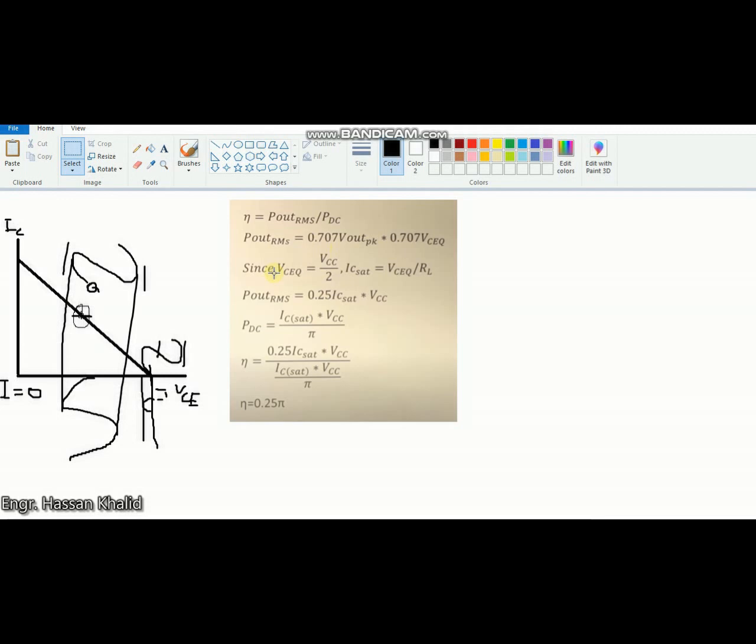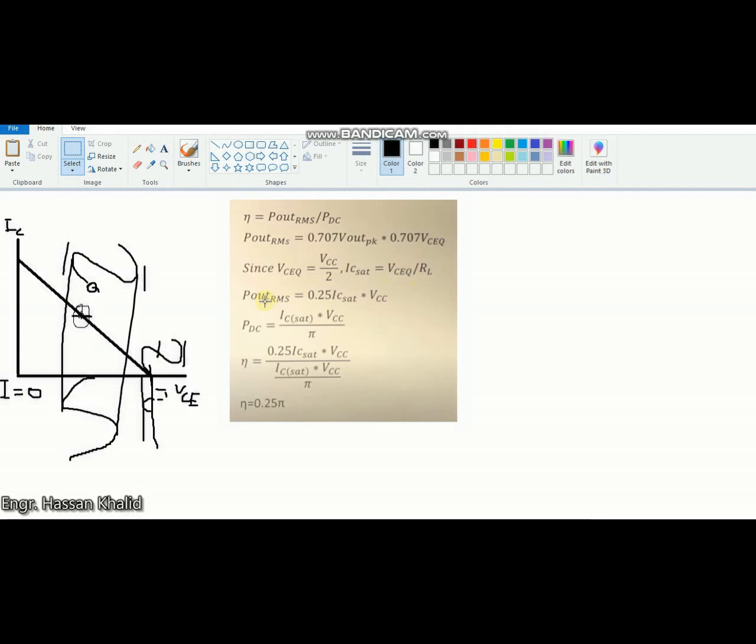Okay, since the VCEQ is actually equal to half of this VCC voltage, at that point the IC saturation current will be equal to the VCEQ divided by the load resistance.